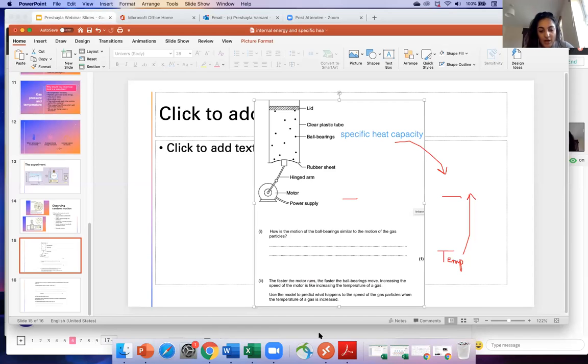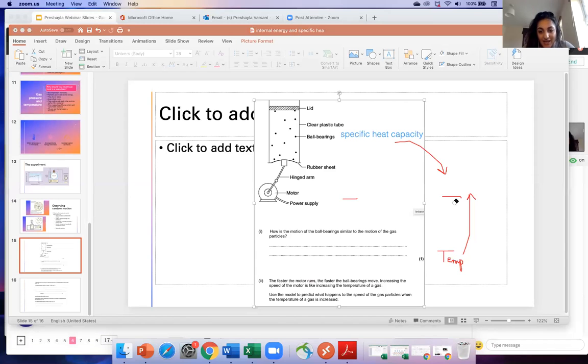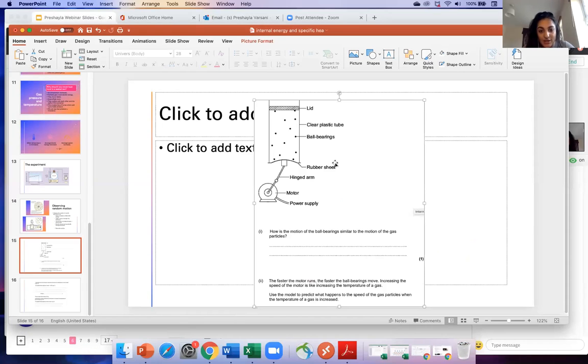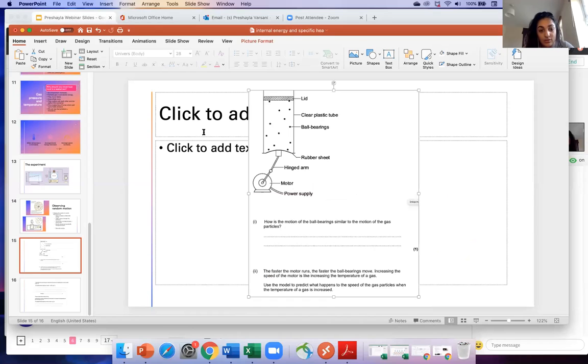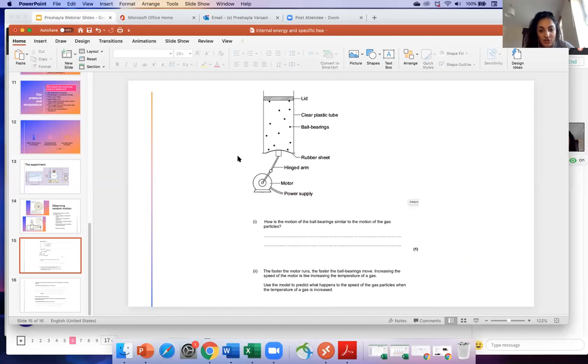Okay, so here we have the question that we looked at the end of yesterday's webinar. This question is all to do with a model that a teacher gave a student to help them understand the motion of a gas.